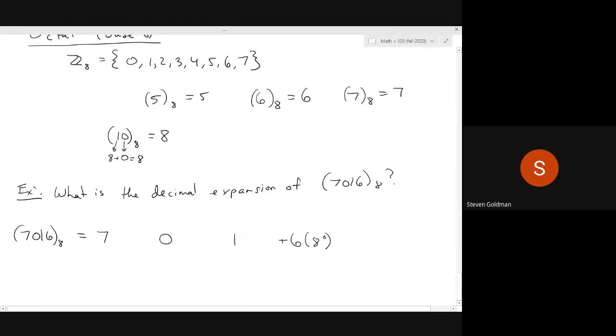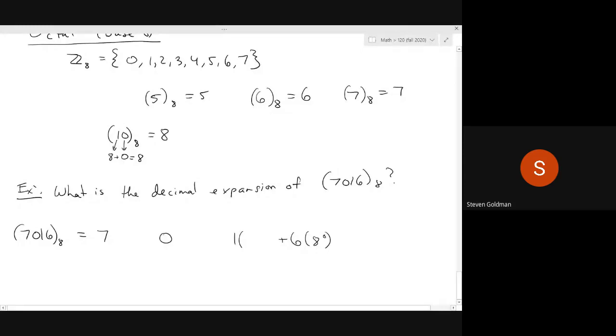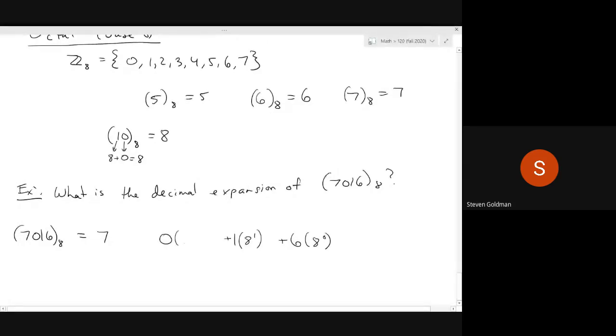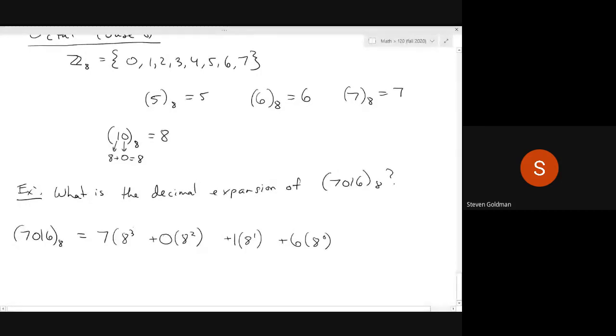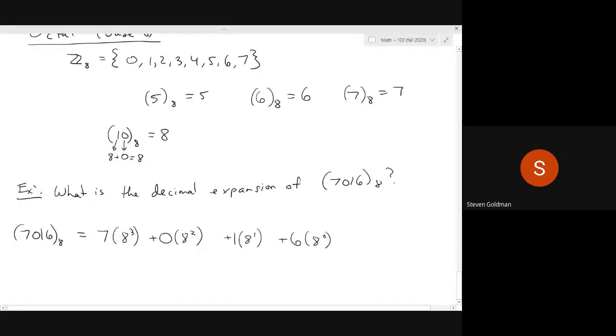The next digit, the 1, is multiplied by 8 to the power of 1. The 0, 8 squared. And then the next one is 8 cubed. So what is this number as a decimal number? I multiply by the powers of 8, I add them up, and you'll get that this is 3,598.